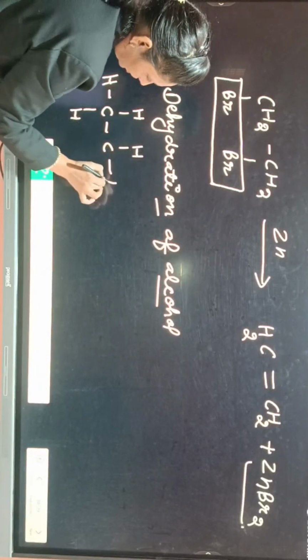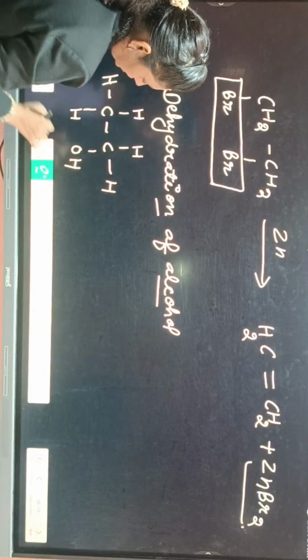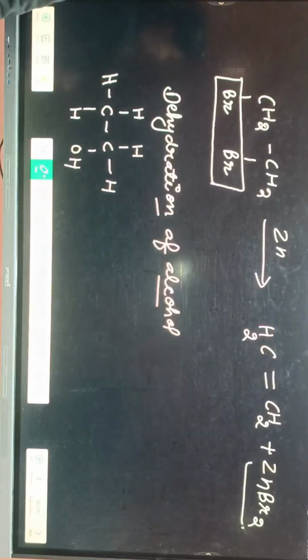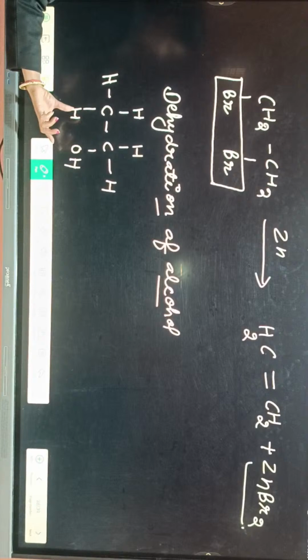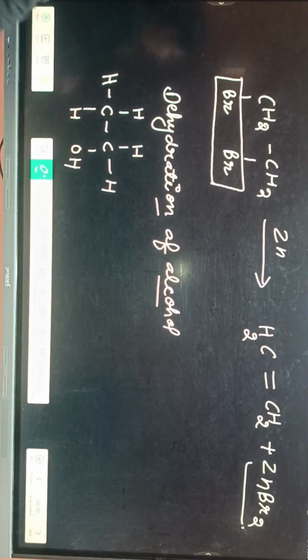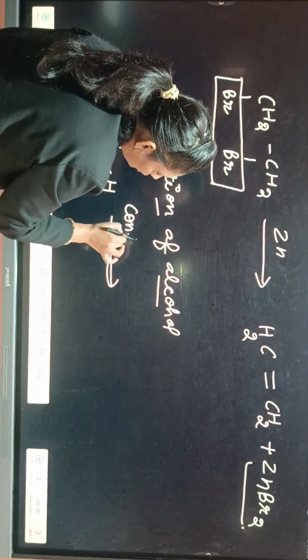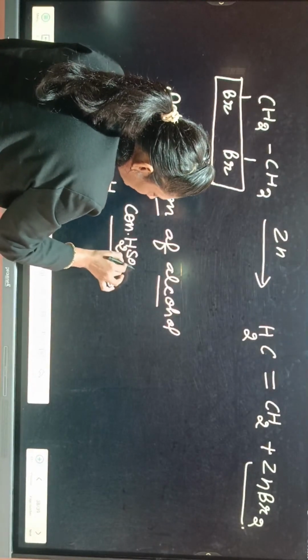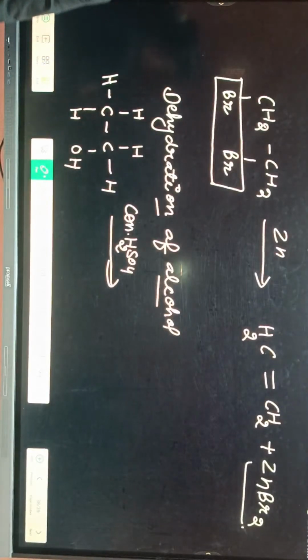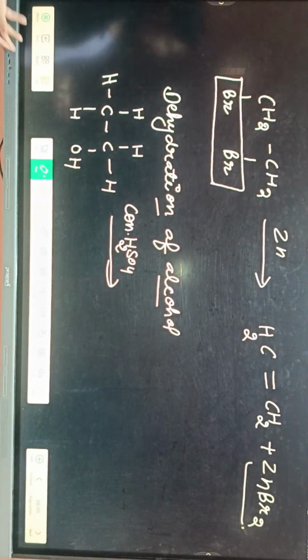CH3CH2OH, this one is ethanol, an alcohol. Dehydration we do in presence of H2SO4. Okay, simple way.